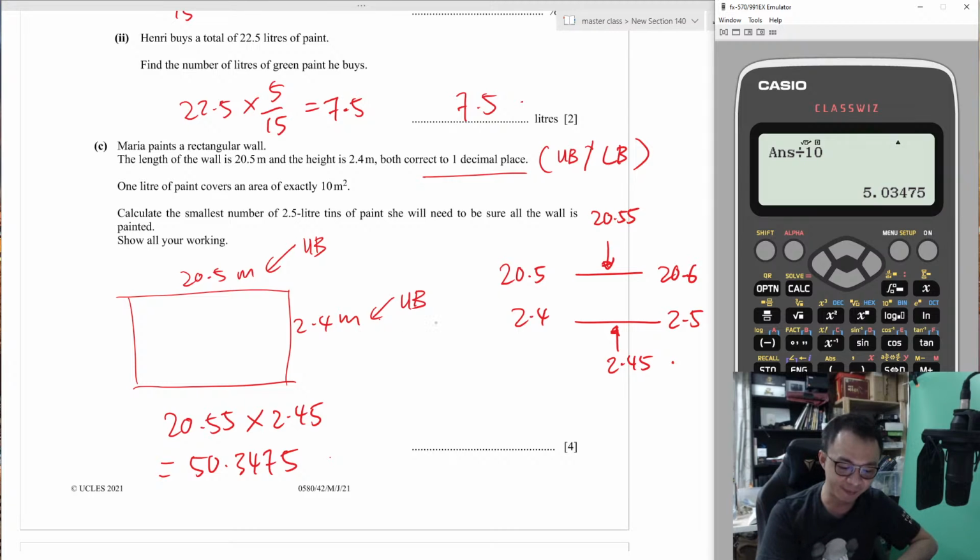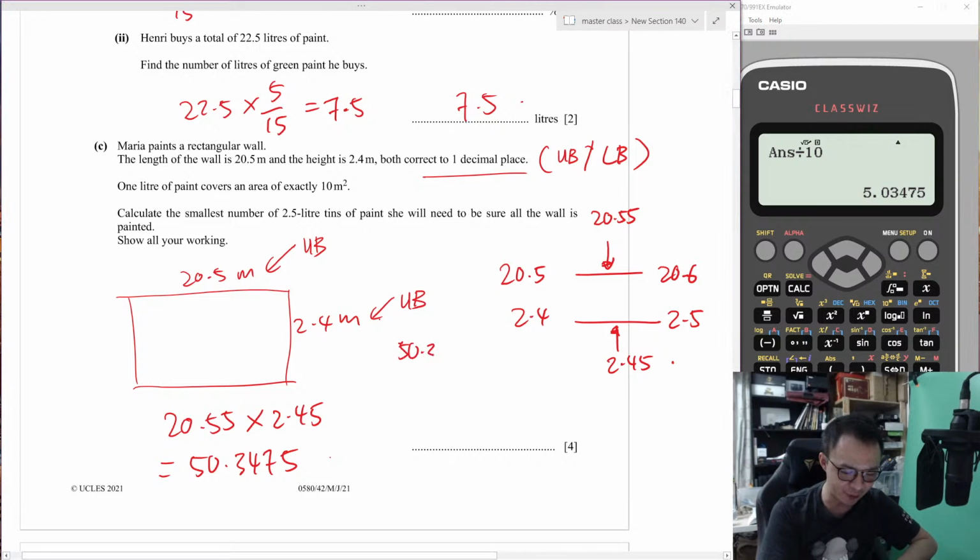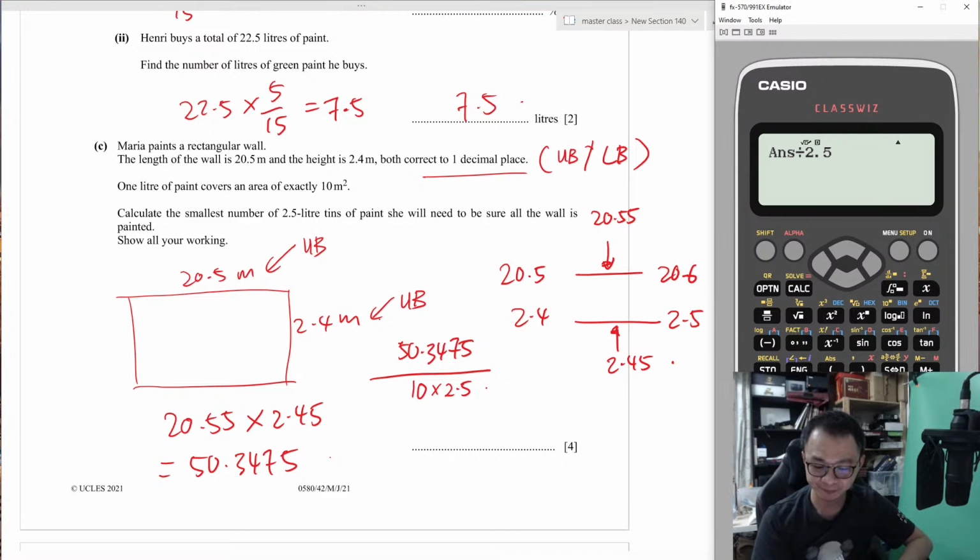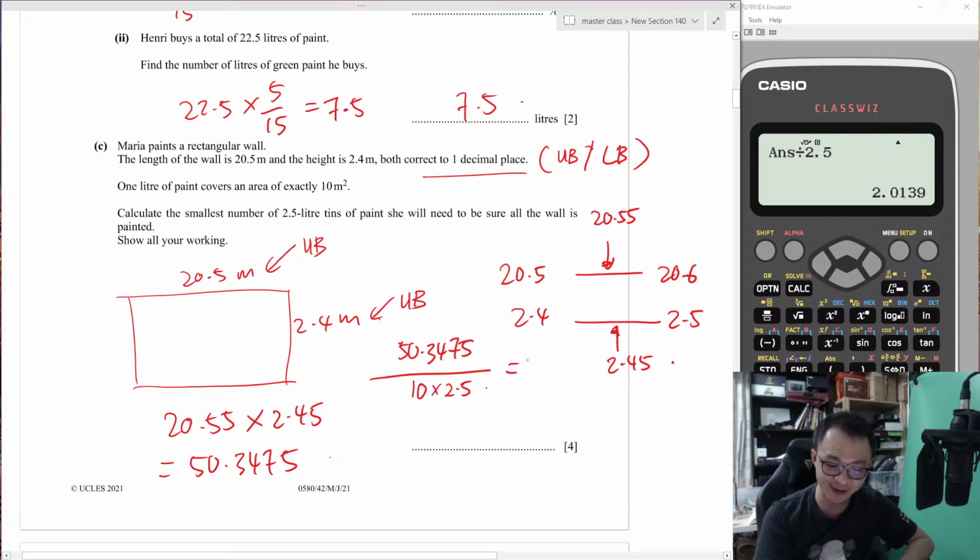So over here, you can do it like this. I use this number, 50.3475, divided by 10. At the same time, if you want to know how many tins you need to buy, you can divide by 10 and multiply by 2.5. So I divide by another 2.5 here, and I get the answer 2.01.